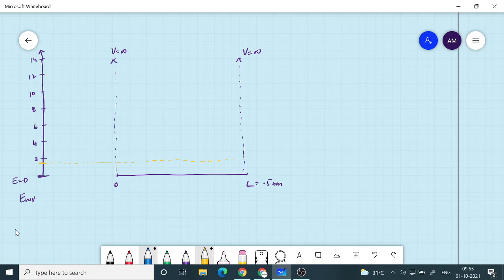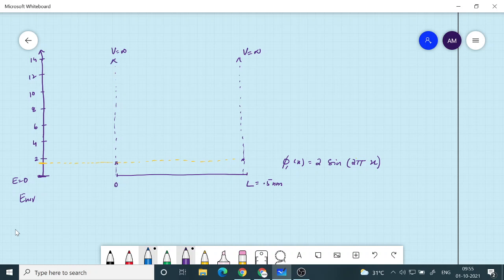If I draw up to a length of 0.5, let me just write once again here. Phi 1 of x is equal to 2 sine 2 pi x. So when x is equal to 0.5, you have sine pi, so it will go to 0, and x equal to 0 also it will be 0.